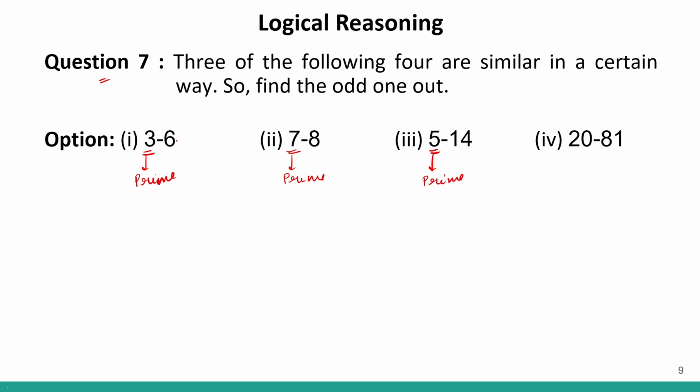Correct? And if I look at 6, this is an even number. 8 is an even number and 14 is an even number. So 6, 8, 14 were even numbers and the first numbers, that was 3, 7 and 5, were prime numbers. Now if I look over here, 20 is not prime. It is a composite number.